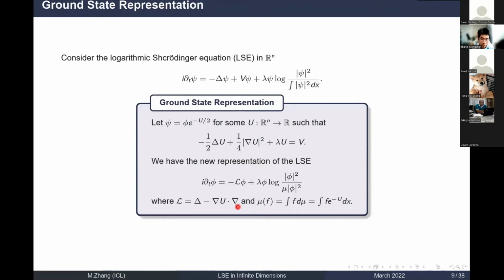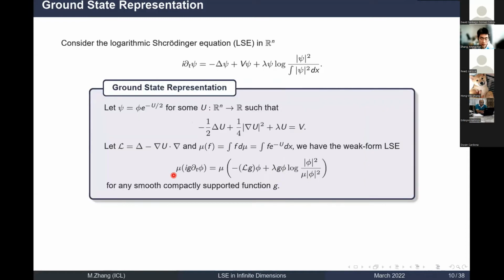But one can still argue that, well, this guy can still blow up in infinite dimensions. Well, that's true. But if we consider the equation in weak form, what I mean is that if you consider the linear operator acting on test functions g, and you include everything in the measure mu, then everything should be well defined.